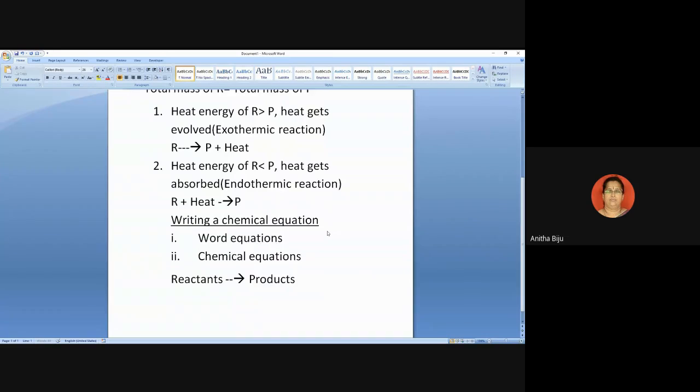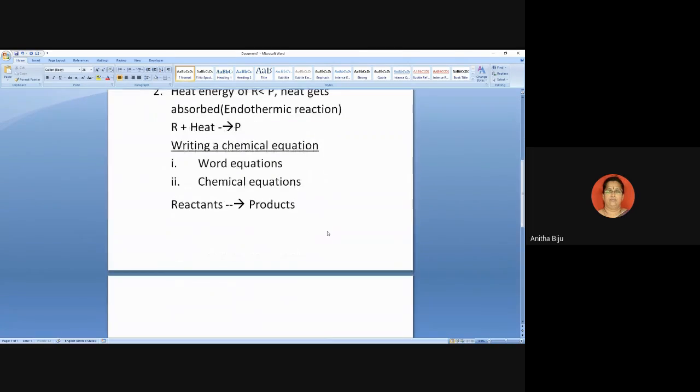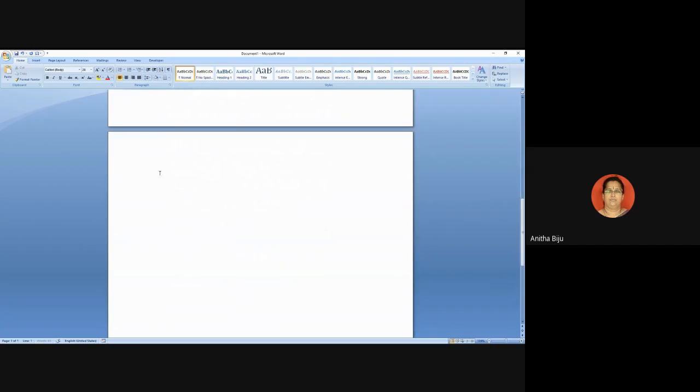Second is symbols and formulae of products towards the right hand side and reactants towards the left hand side. If more than one reactant or more than one product is there, we need to use a plus sign in between. How to write that plus sign? I'll show one example.